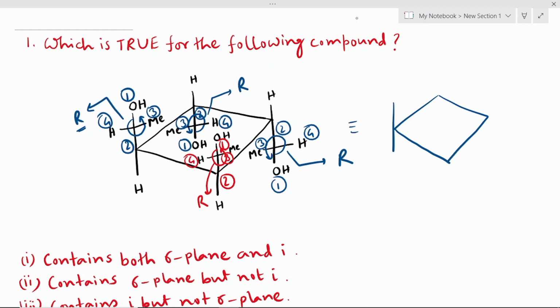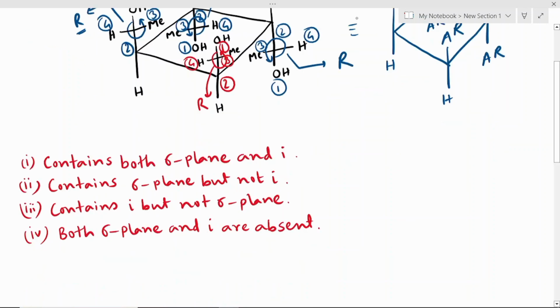We simply generalize the compound such that we represent the whole group by A and its absolute configuration is R. Here also it is AR, here also it is AR, here also it is AR.